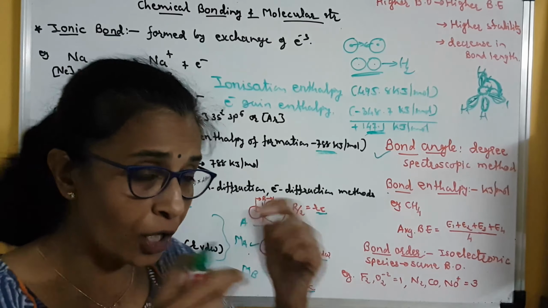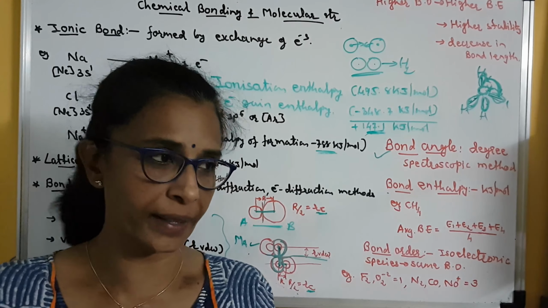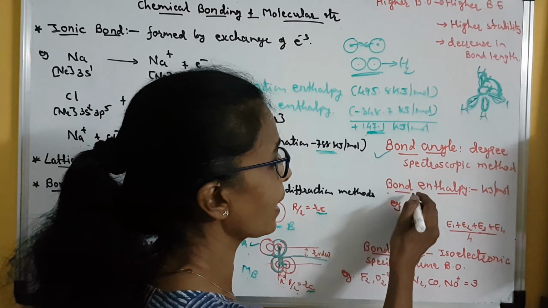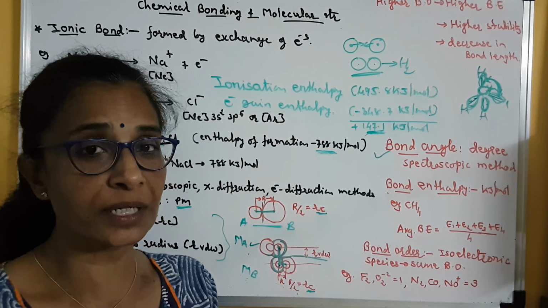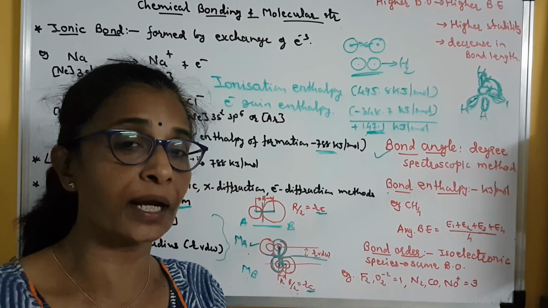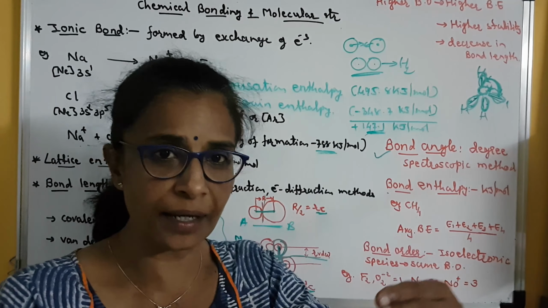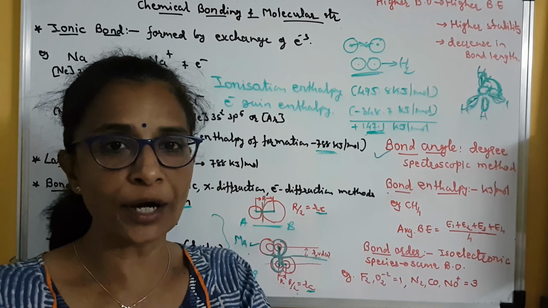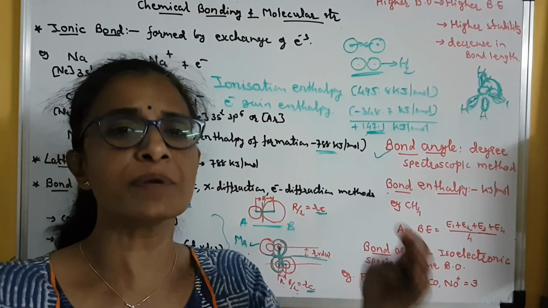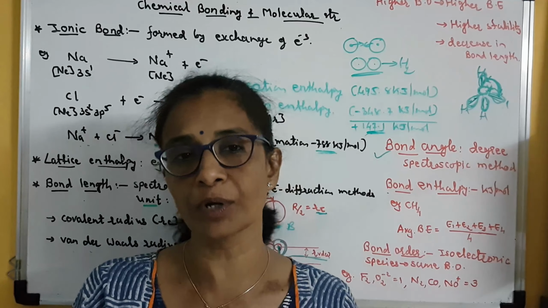Clear? So the stronger the bond, the more the bond enthalpy. So bond enthalpy is an important parameter in deciding the strength of the bond and ultimately the stability of the molecule. If bond enthalpy is higher, the bond is stronger, and if the bond is stronger, that molecule is a stable molecule. Clear? But suppose we have a polyatomic molecule.